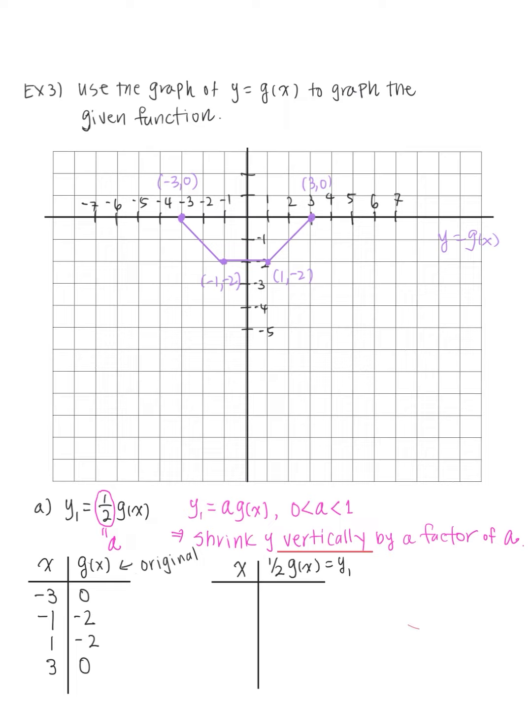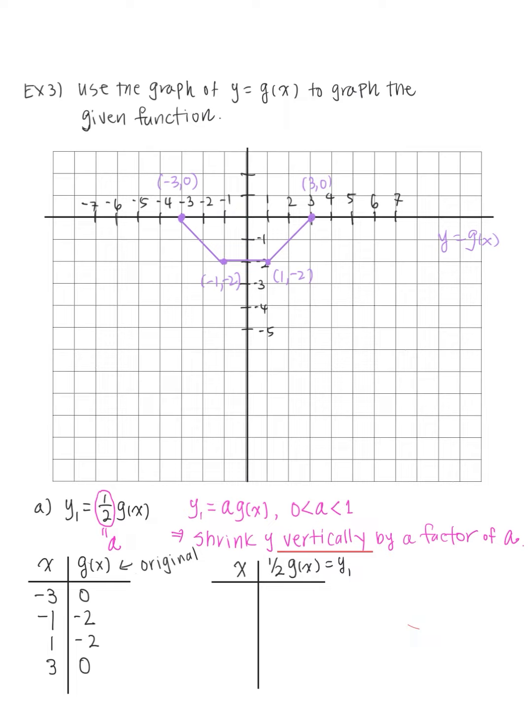All right, now let's think about this. What we need to do is shrink our y vertically. So which one is it? Are the x values changing or are the y values changing? If you're going to shrink this vertically, do you see that only the y value is going to get affected by it, not the value of x?